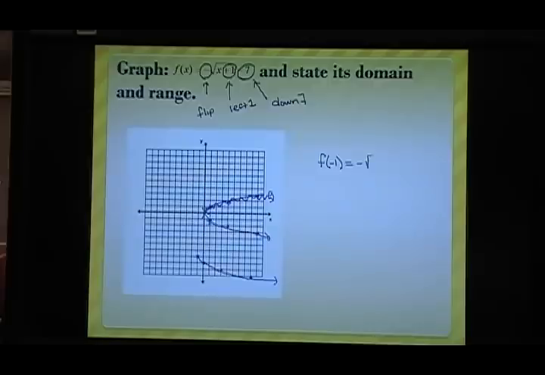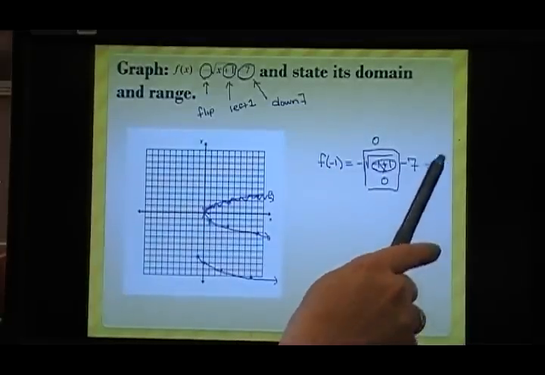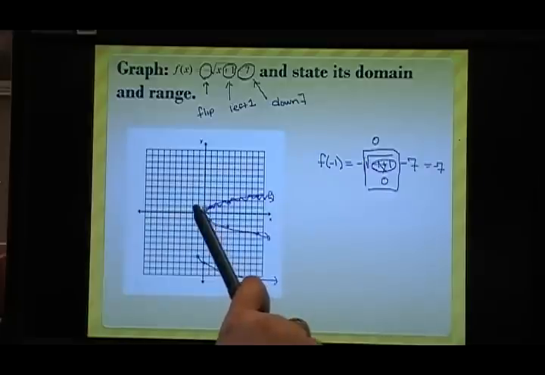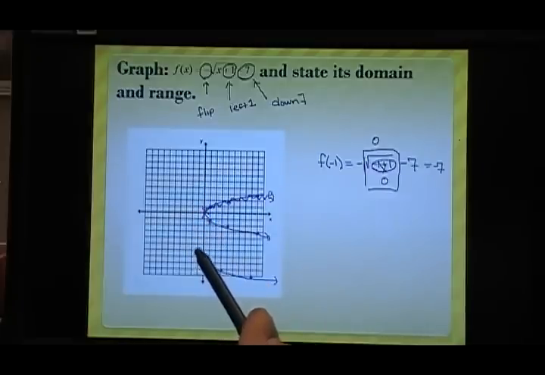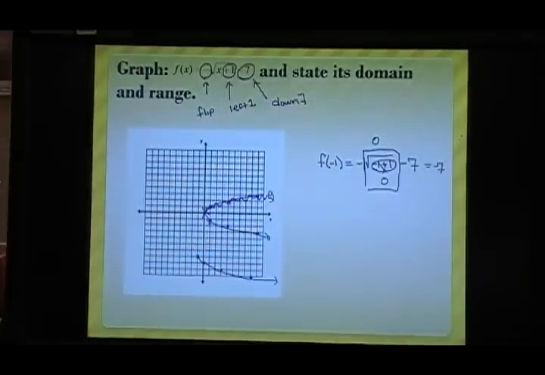So if I input the negative 1, simplifying that, the negative 1 plus 1, that's 0. The square root of 0 is 0, and negative 0 is 0, minus 7 is negative 7. So it is true that if we input negative 1, the output is negative 7, and that corresponds to negative 1, negative 7 being a point on the graph. And you can do that for all of these points if you aren't sure if you've done your shifting correctly.